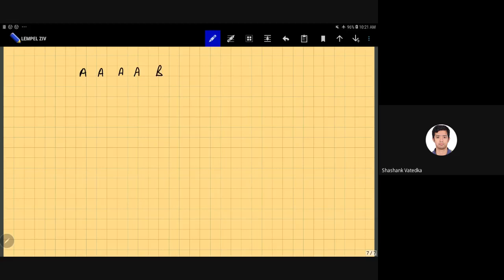Let us say that the alphabet is just A, B, C, D. Okay, so that is my alphabet, and let us say that each of these characters is encoded using the fixed length encodings 00, 01, 10, and 11.